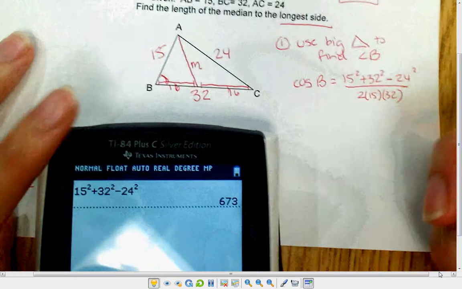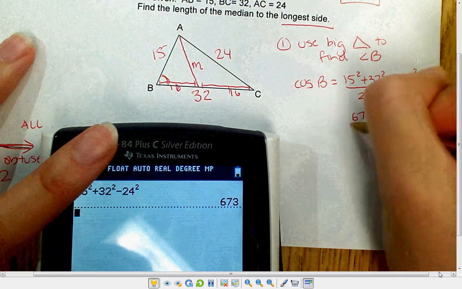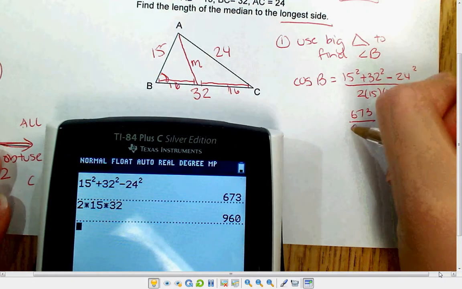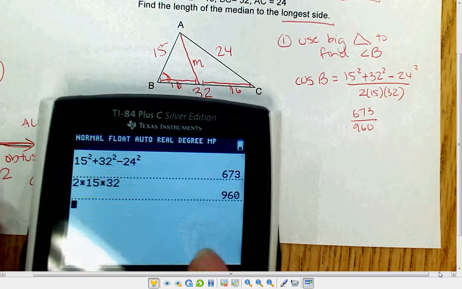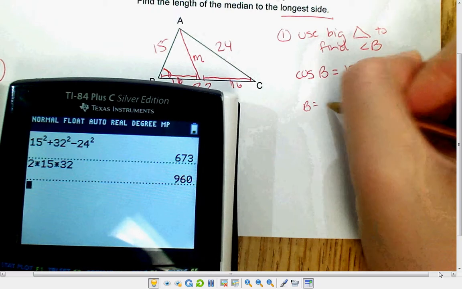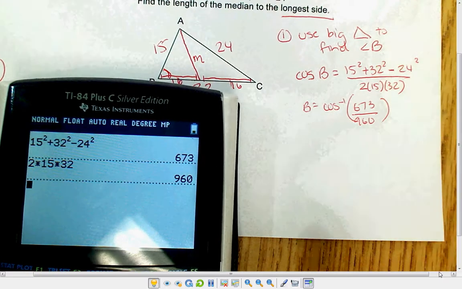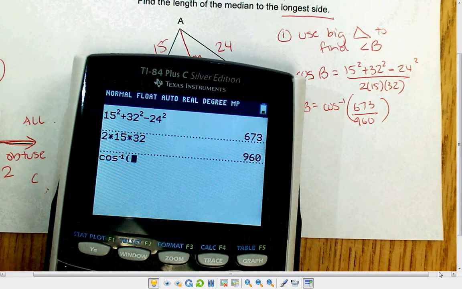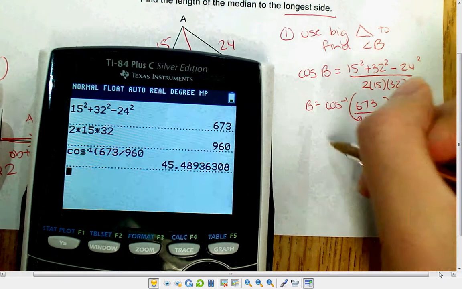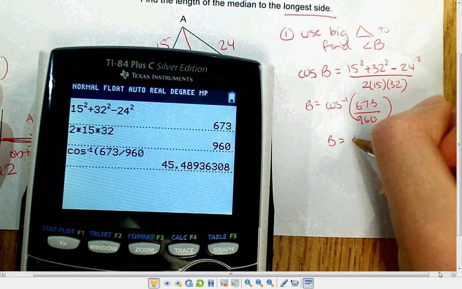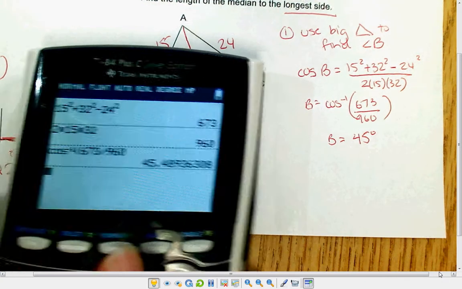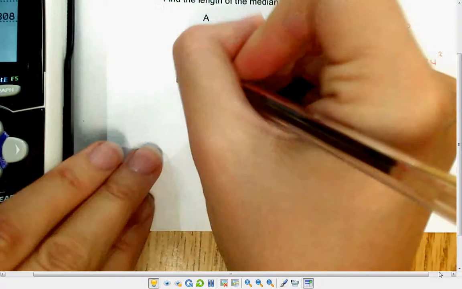So the numerator gives me 673. The denominator gives me 960. And to solve for B, I'm going to be taking the inverse cosine. So 673 divided by 960. We know that B is 45 degrees. We're rounding to the nearest whole number. So I know this is 45.